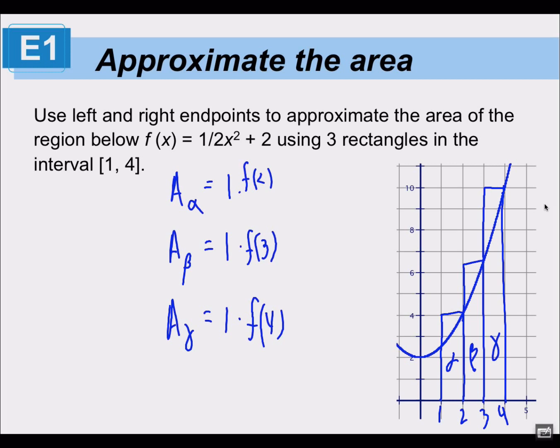We did f of 2 already: 4. f of 3 was 9 halves. And then f of 4 is 8. So the final answer is 41 halves.